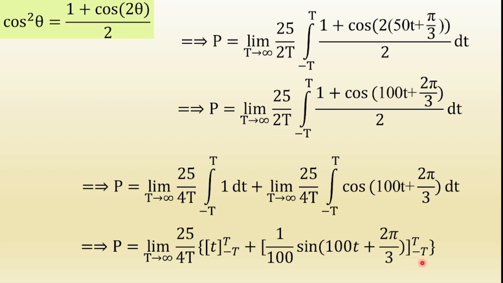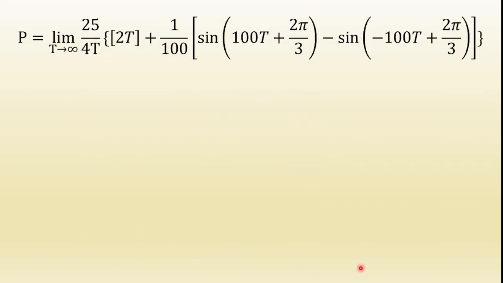T to T. Now applying the upper value and lower value of T in the first term and the second term, we get the power P is equal to limit T tends to infinity, 25 by 4T.